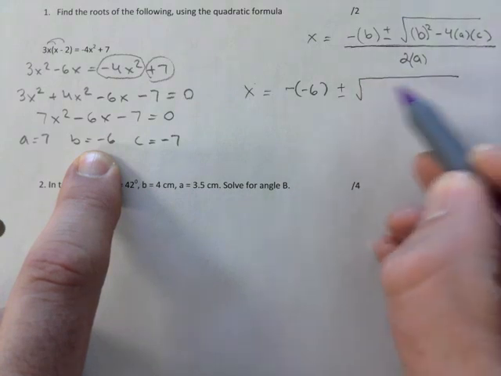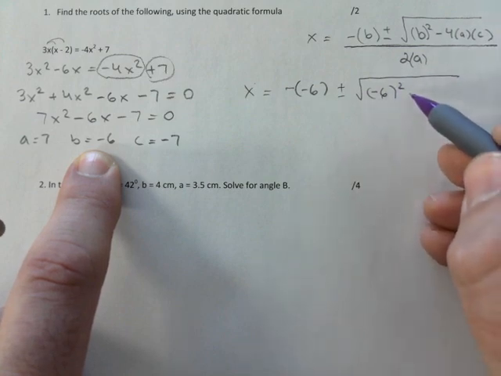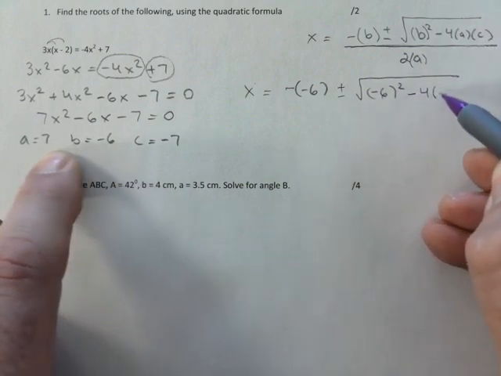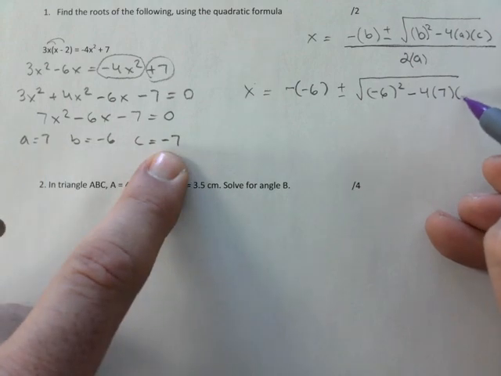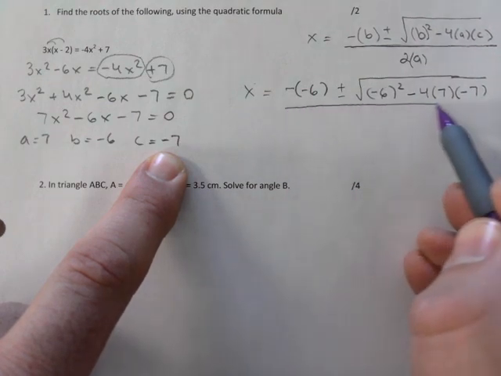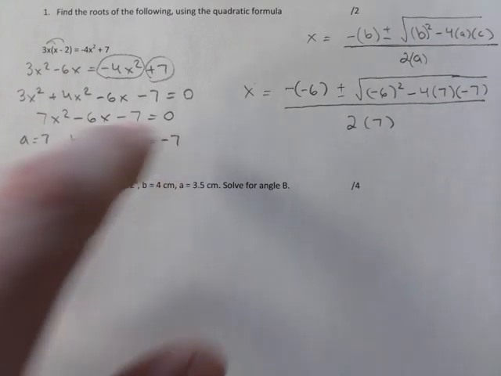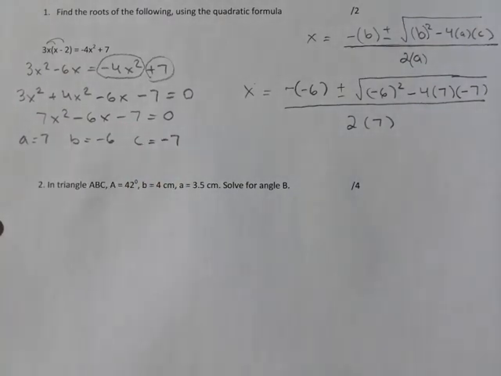And then you go like this, and it's negative 6 squared, which will always be a positive, minus 4 times A times C. Okay, that's how you enter that. And then it's over 2 times A. And I'm going to run out of room, but I'm going to borrow from the next question there.